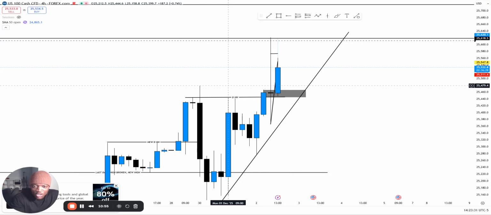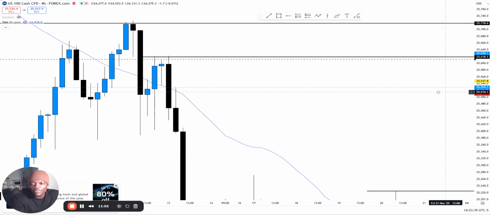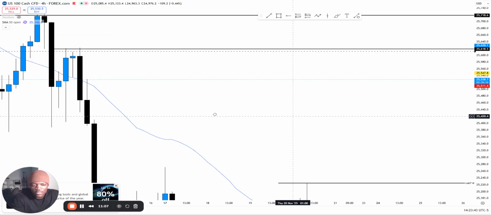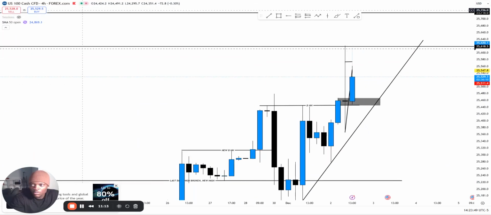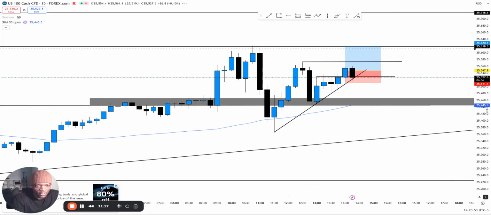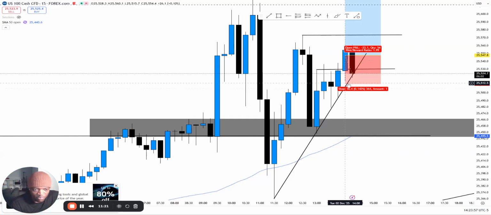It closed above it twice, meaning there's a lot of confidence in it touching this last high that we can observe right here, from a few weeks back. So that's why I took a buy. I bought NASDAQ, putting my stop loss below this high.